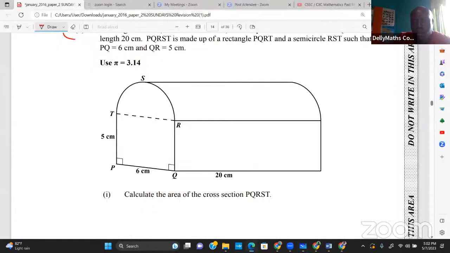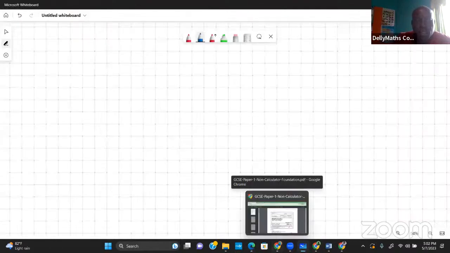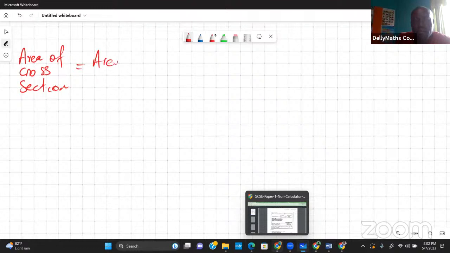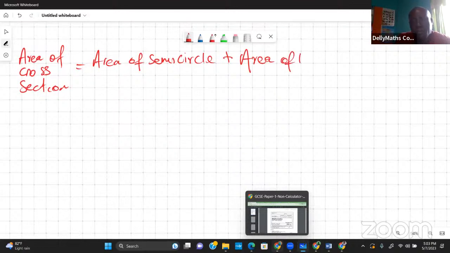So the area of the cross section, let me write it here for us, by principle, is going to be the area of the semicircle plus the area of the rectangle. That's the area of the cross section.